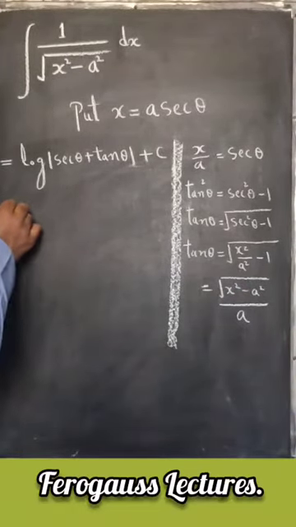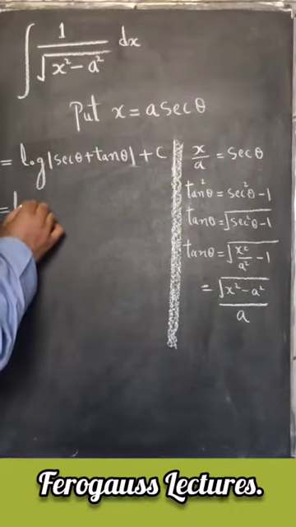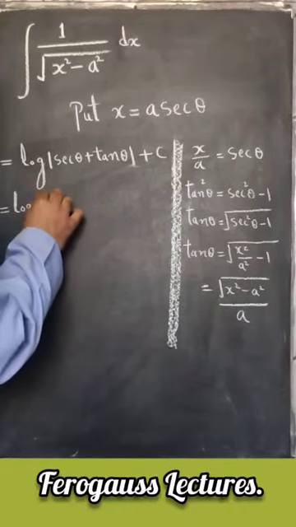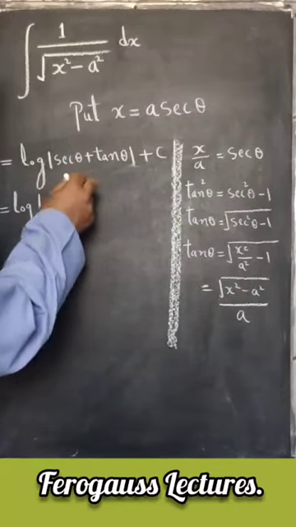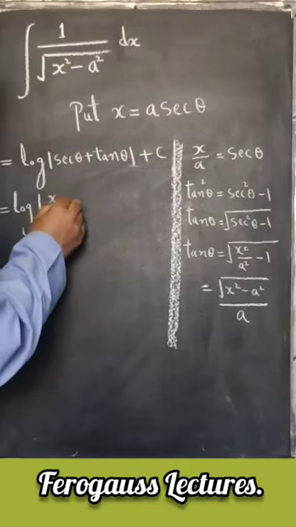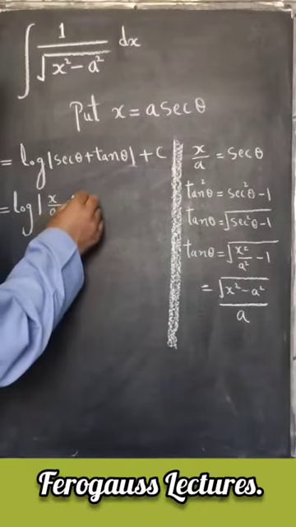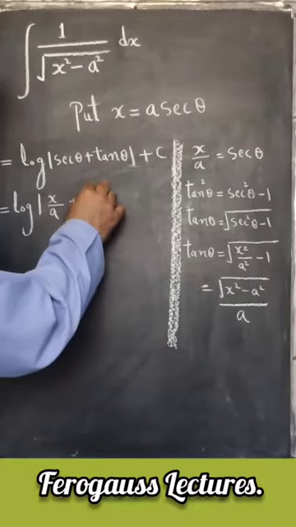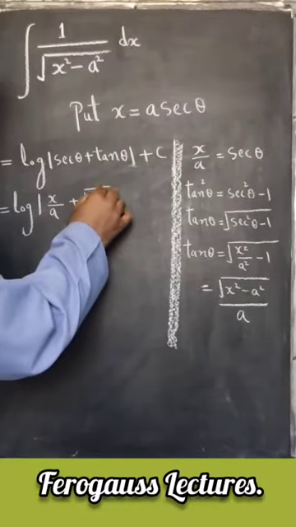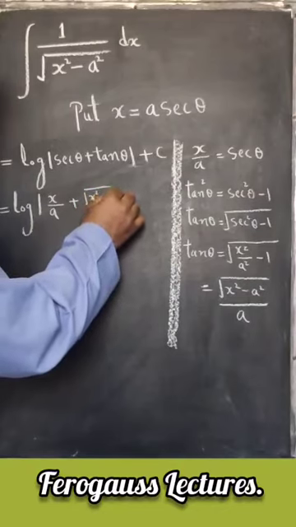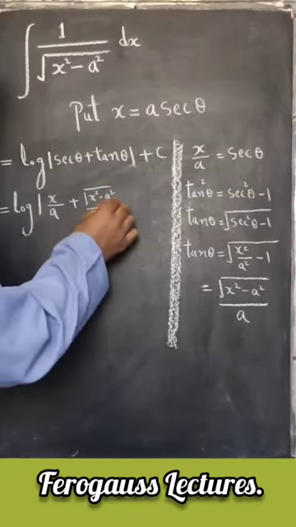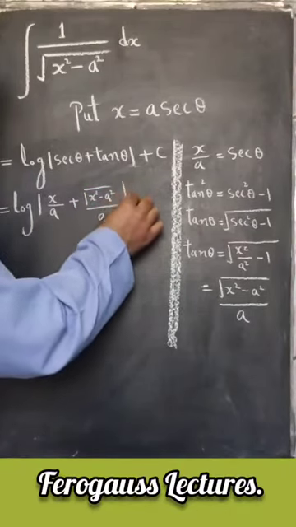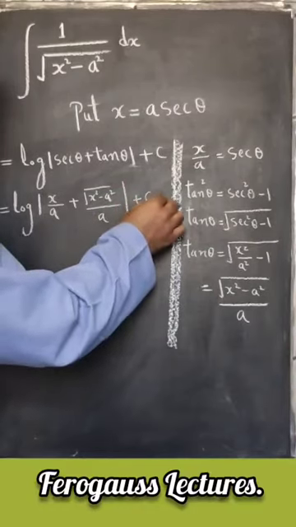Thus we can write log of mod of, instead of secant theta we have x by a, so we write x by a plus, and instead of tan theta we have square root of x square minus a square divided by a, plus constant of integration c.